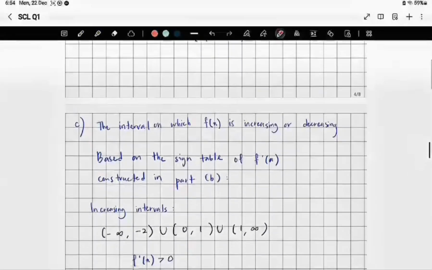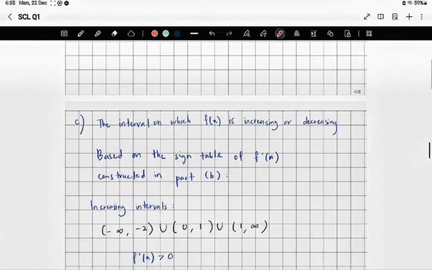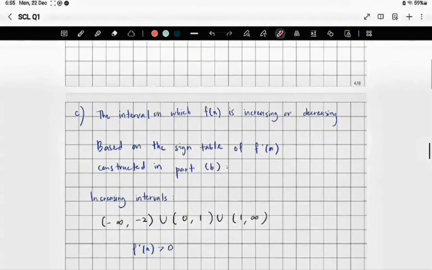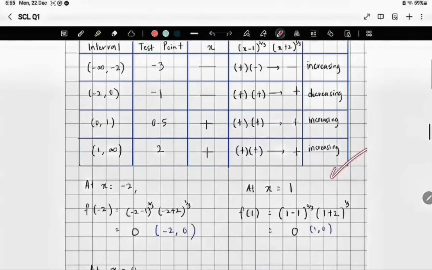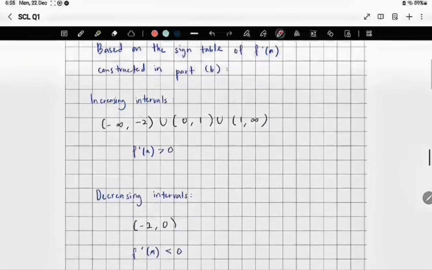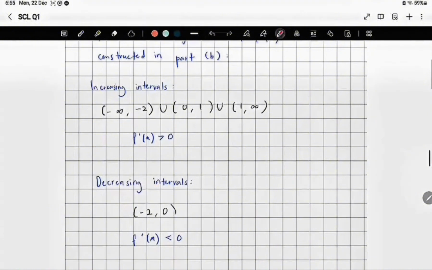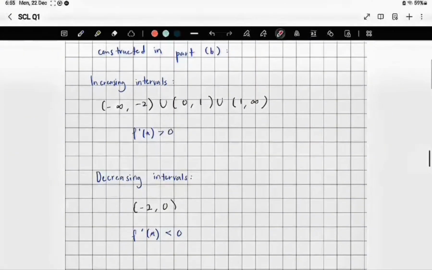Next, part C is based on the sign table of the first derivative we constructed in part B. The function is increasing on the intervals negative infinity to -2, 0 to 1, and 1 to infinity, because the derivative is positive.